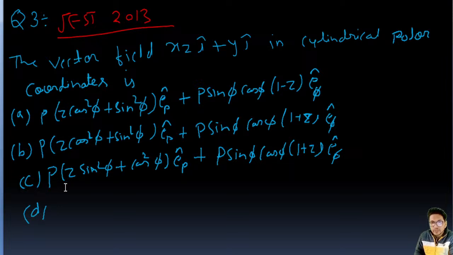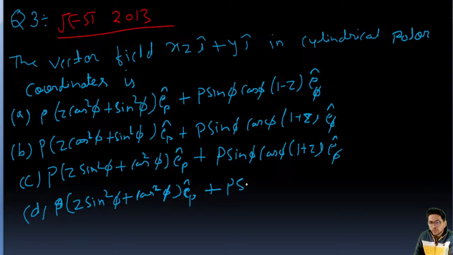Option D: rho z sin square phi plus cos square phi rho cap plus rho sin phi cos phi 1 minus z phi cap. So this is the question.